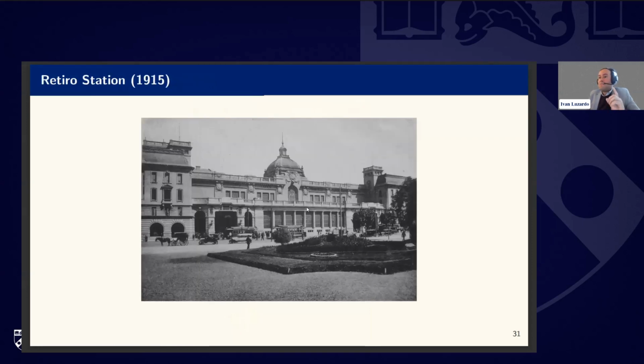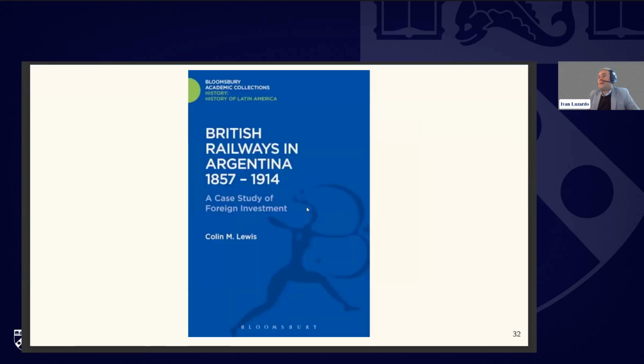And if you want to know more about British railroads in Argentina, because this is a very good case study, I strongly encourage you to take a look at this book by Professor Colin Lewis. That is an excellent description of all this process.